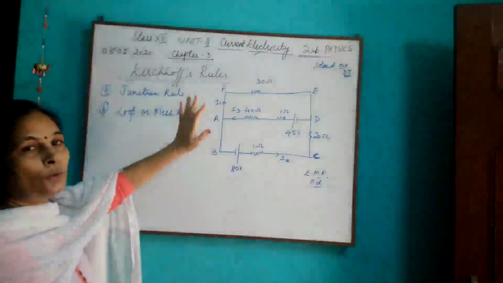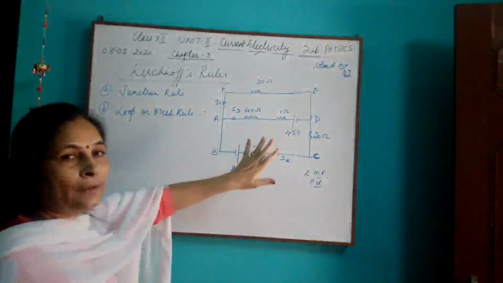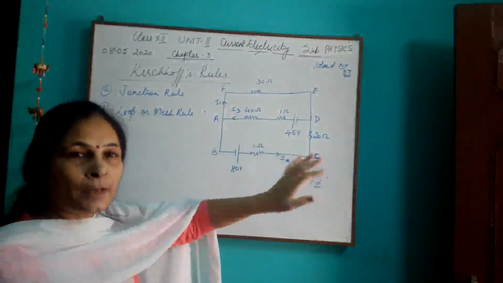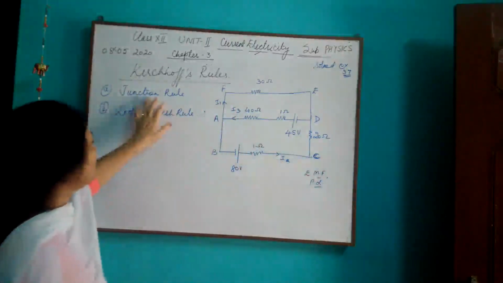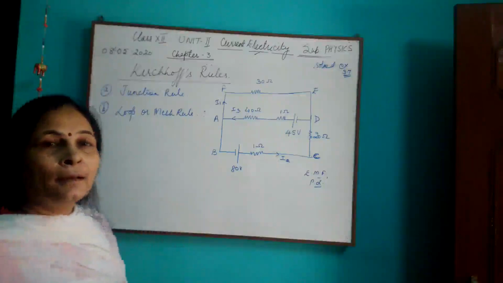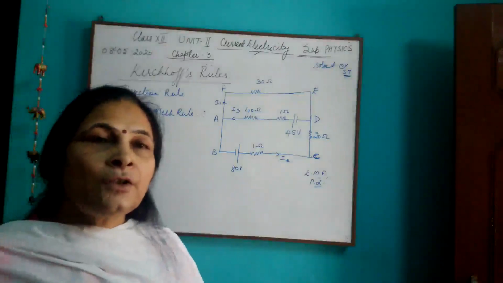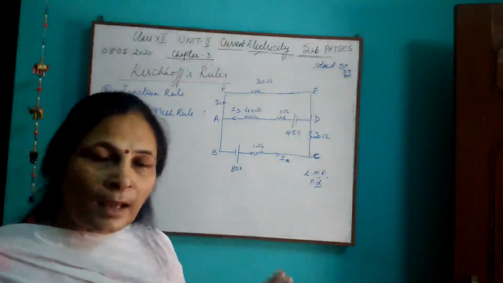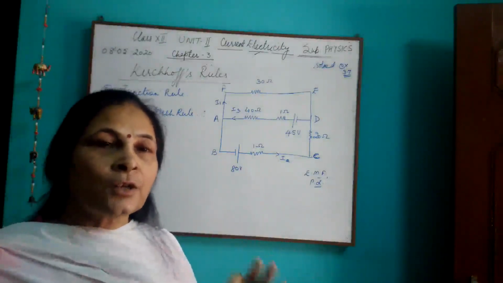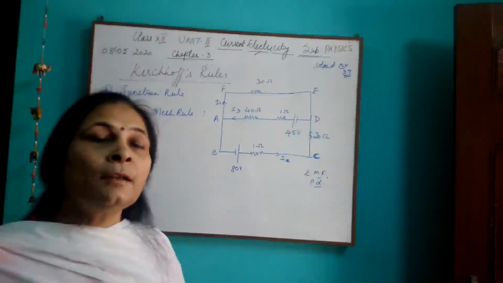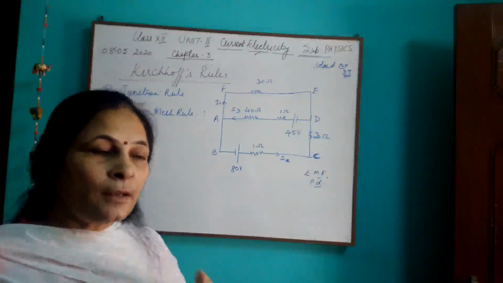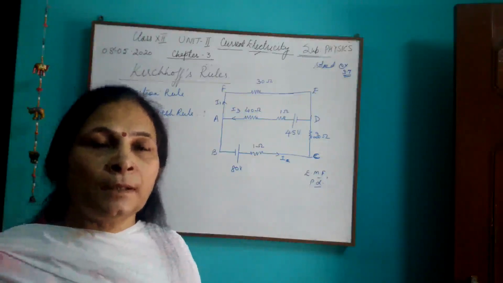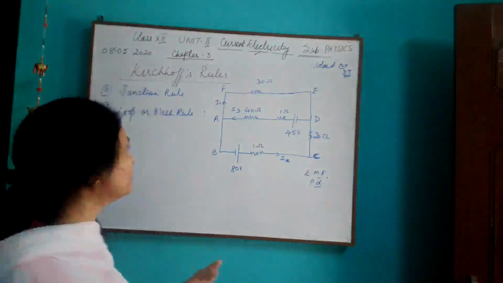Junction rule. Since the circuit is big, we will have different currents in different branches. So junction rule states that at a given junction in the circuit, where the current will come and meet or leave from that particular point, that is the junction.